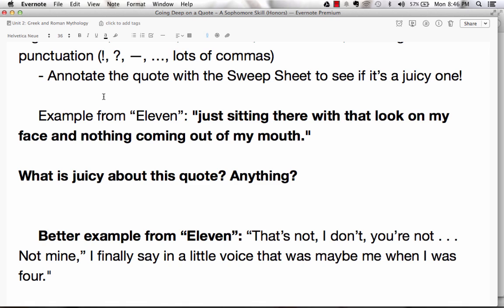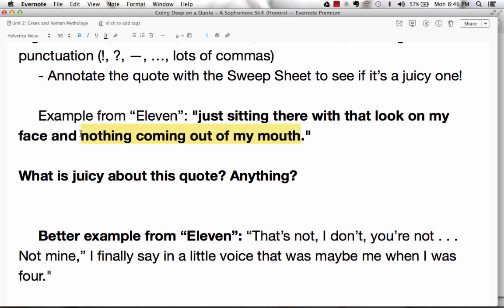So here's a quote that I believe shows Rachel's lack of confidence. She says, "Just sitting there with that look on my face and nothing coming out of my mouth." So I say that she does not have the confidence to speak up. And here I see that almost exactly: nothing coming out of my mouth. She cannot speak up.